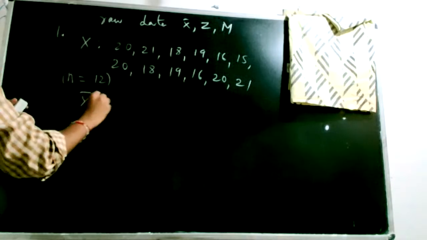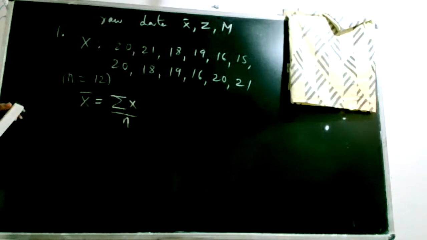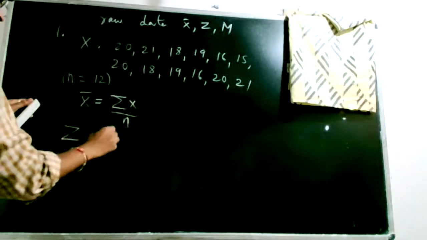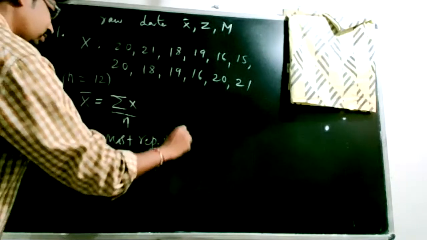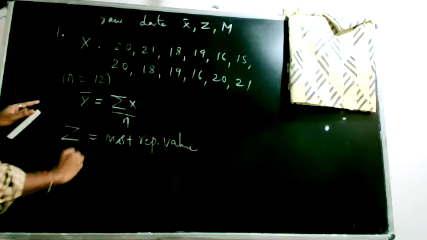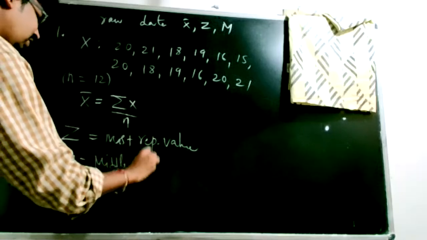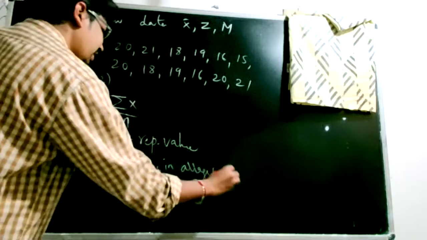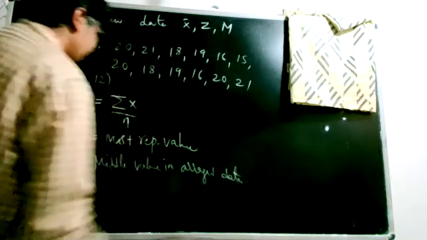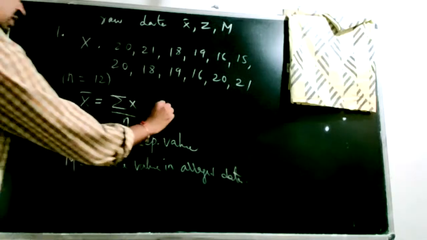My mean x bar is given by the formula total of x divided by n, and z for raw data is the most repeated value, and m is equal to the middle value in the arranged data. So first you have to arrange the data to obtain the value of median. But for mean and mode, you could just look, observe, and write.